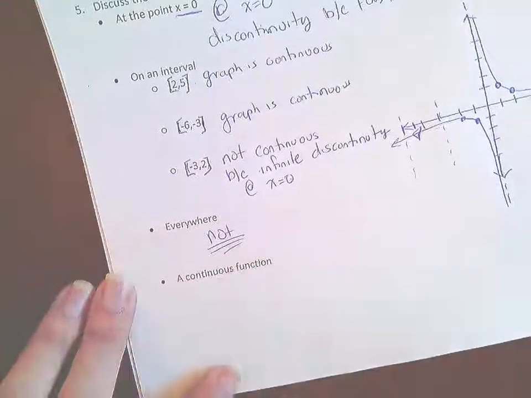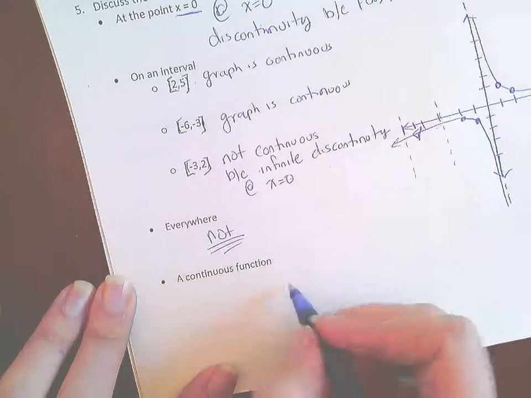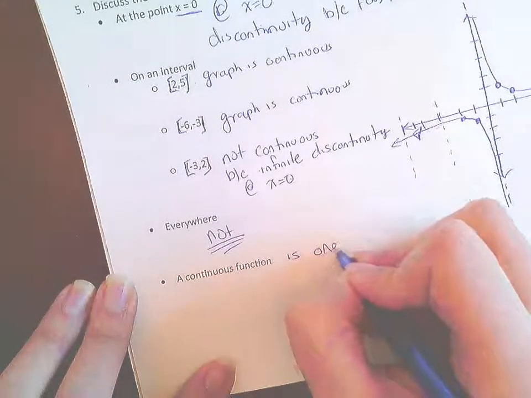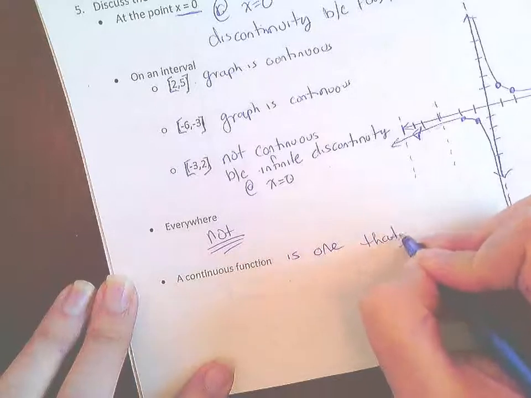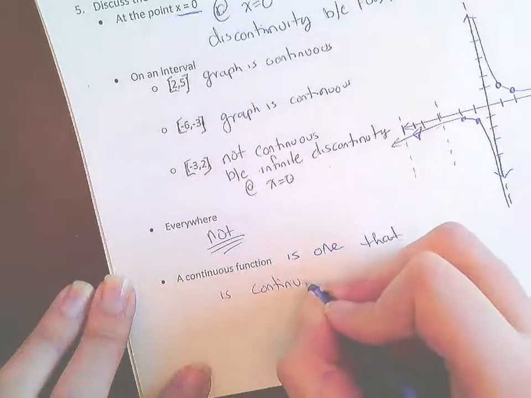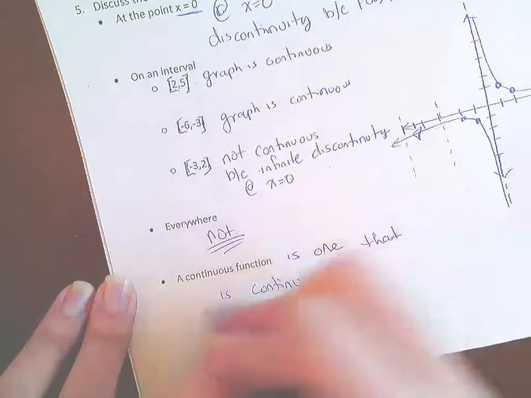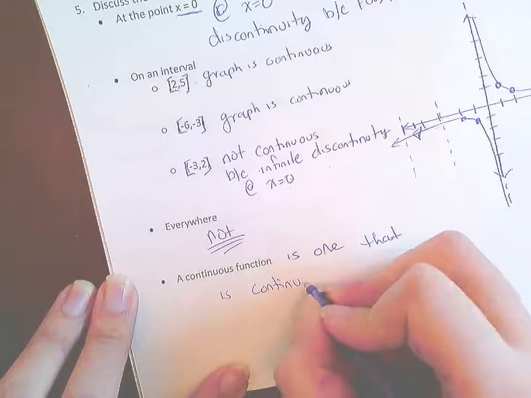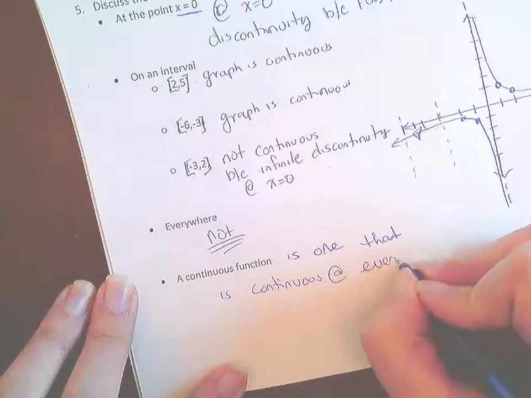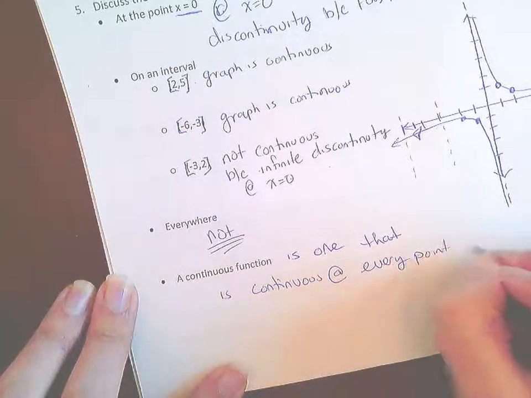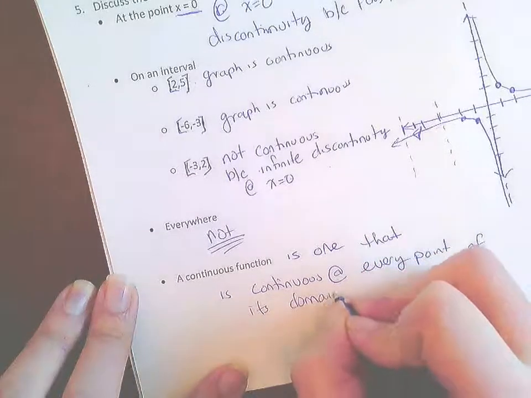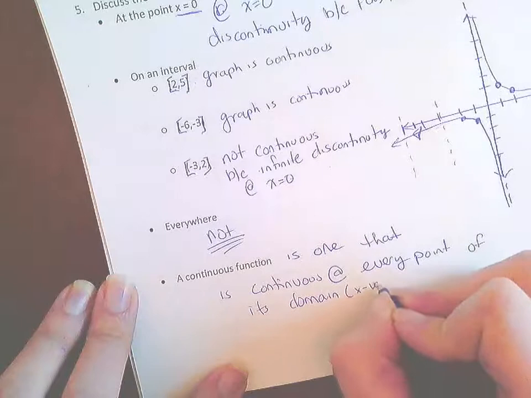So basically we know that a continuous function is one that is continuous at every point of its domain, which means the x values.